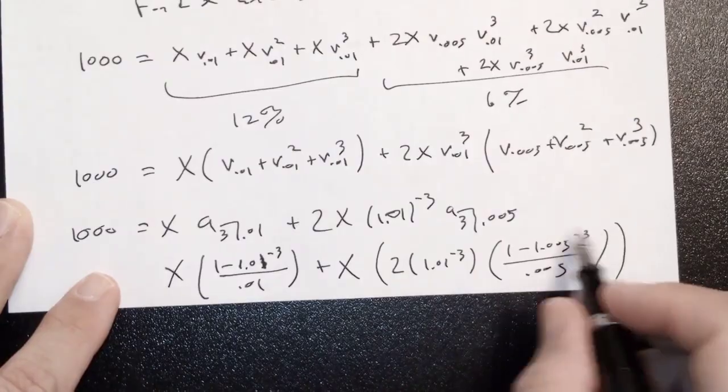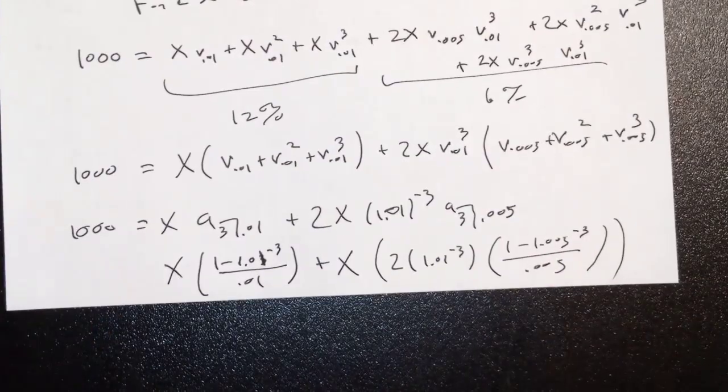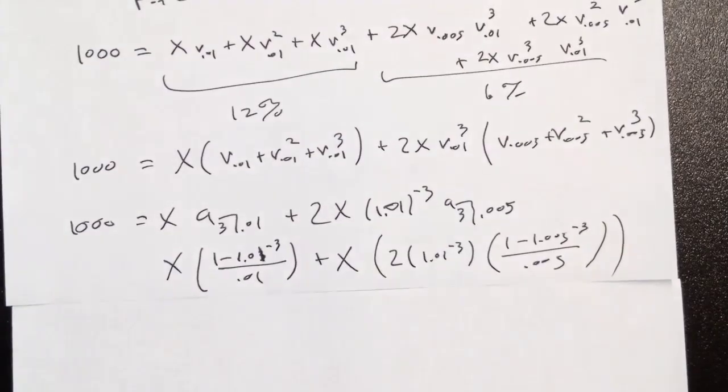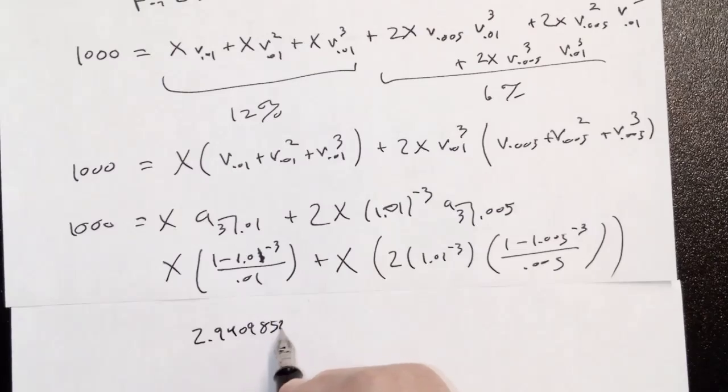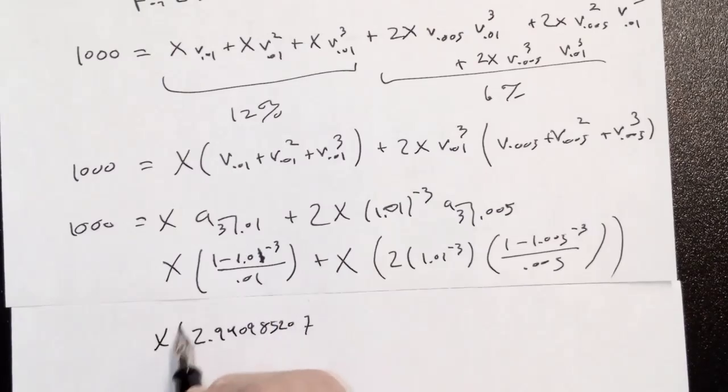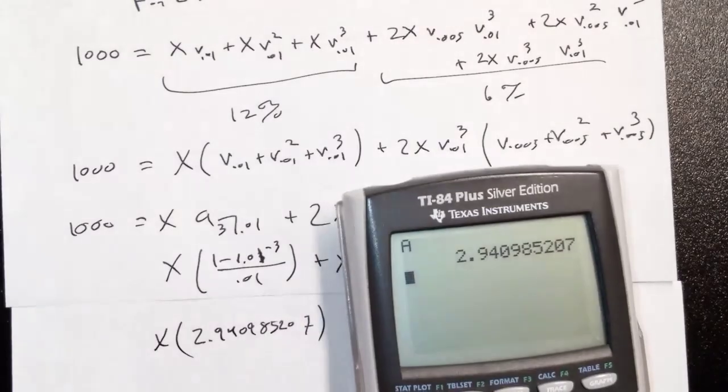This, on the other hand, this is a new number. So this is the number we had before. This is 2.940985207. I wrote all those decimals down last time because I stored that in A.